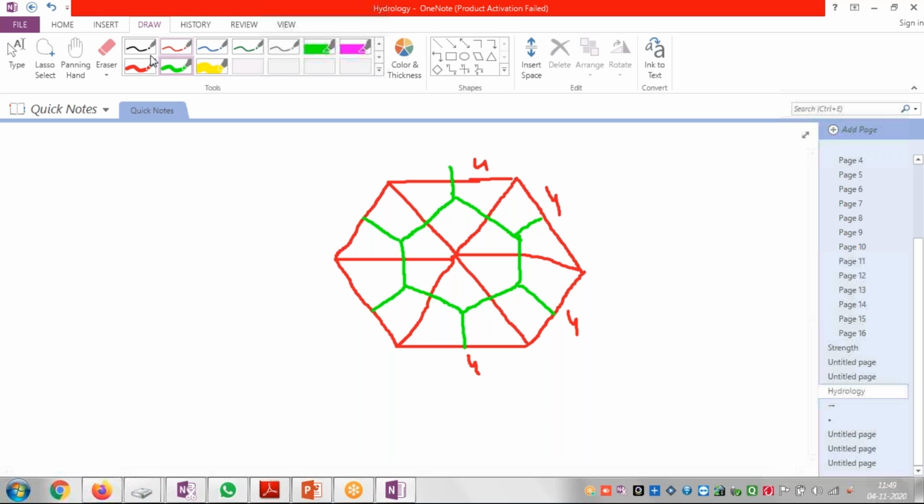Now, this is also 4 kilometer, this is also 4 kilometer. And see, suppose I take only this one triangle. If I am able to calculate the area of this triangle, then every other area will be the same, right?